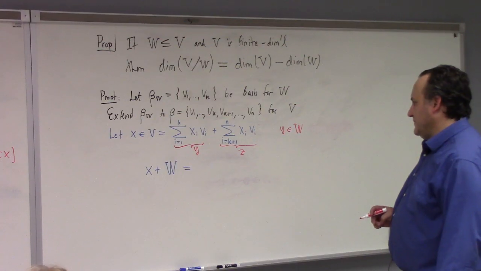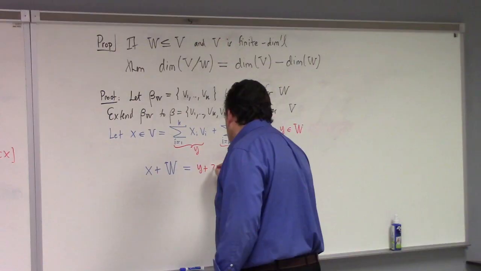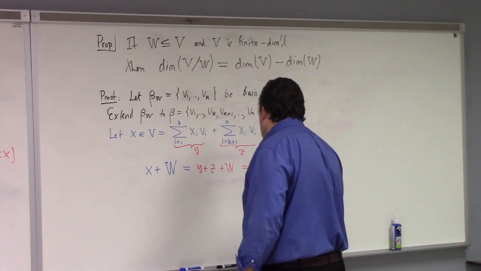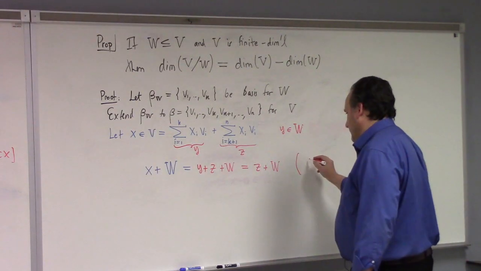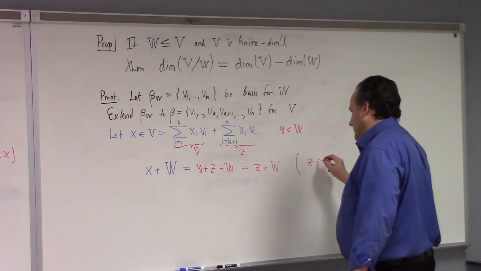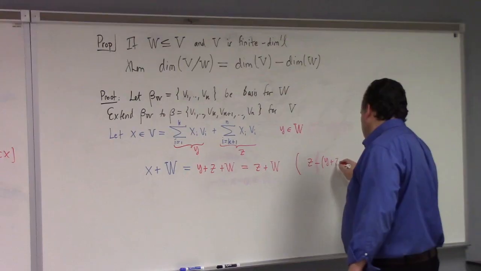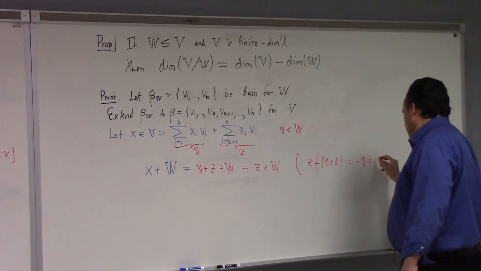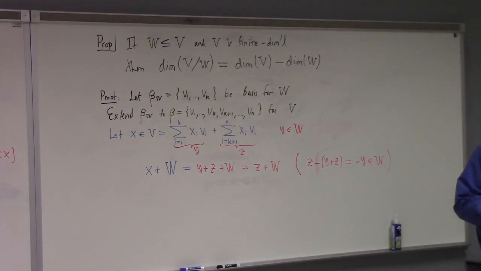So if I look at y plus z plus W, I can argue that that's equal to z plus W. Why is that? Well, z minus (y plus z) is just what? Minus y, which is, by the way, an element of W, right? Going back to my proposition, those cosets are equal because their difference is an element of the subspace.